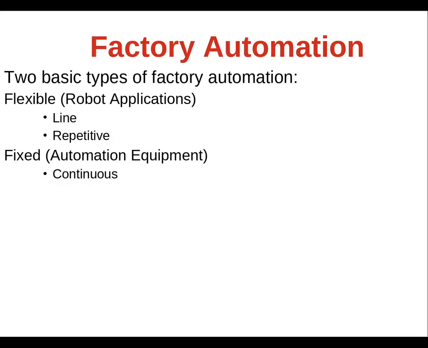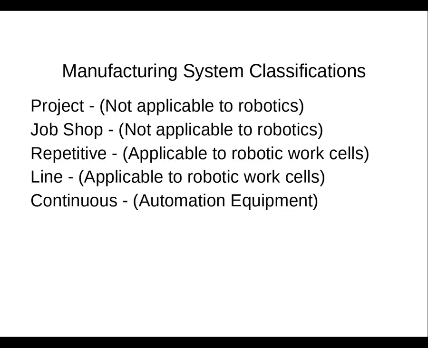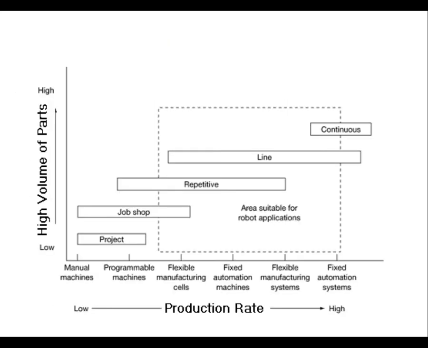All right. So the last thing we want to address is factory automation. If you remember, the first week we talked about the 5 different types of production. One of those was what we called project.